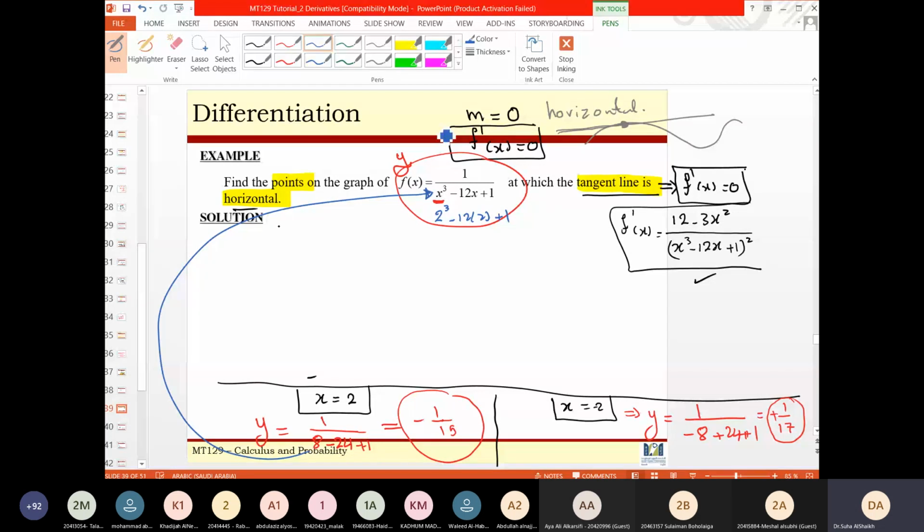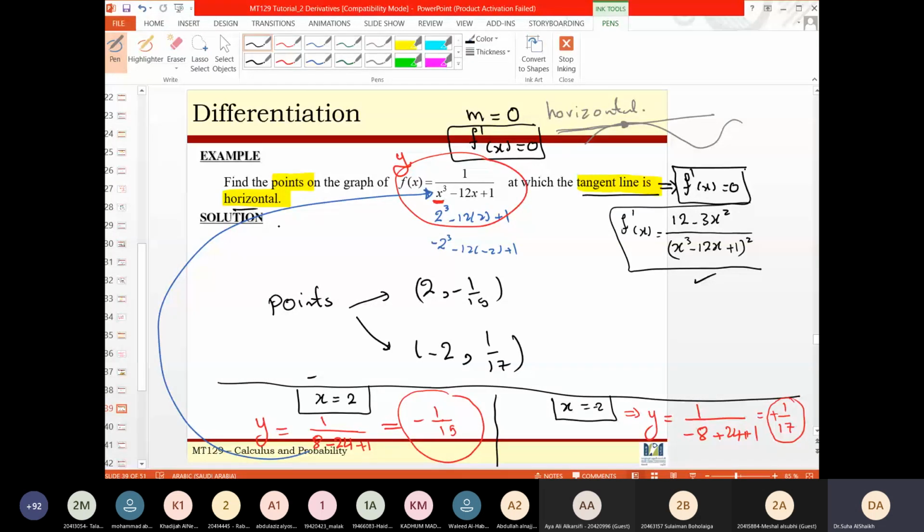This is 8 minus 24 plus 1. And if I substitute with minus 2, it will be minus 2 to the power 3 minus 12 times minus 2 plus 1. So we got 2 points. The first point is 2, minus 1 over 15. The second point is minus 2 and 1 over 17. So those are the 2 points where the tangent line is horizontal.